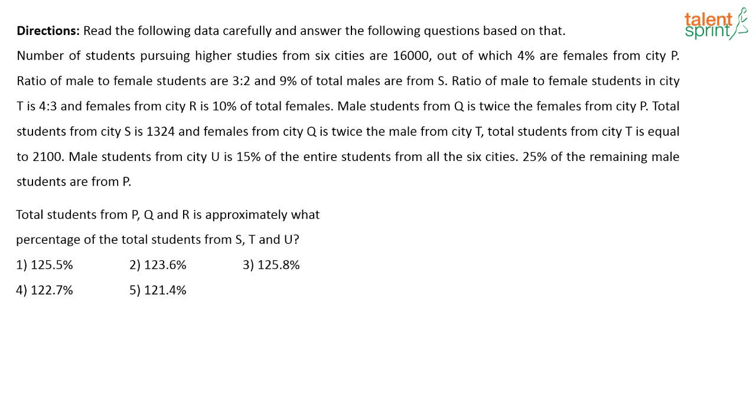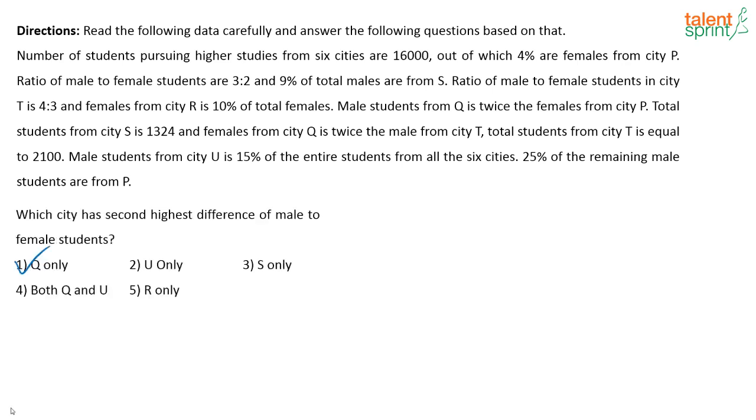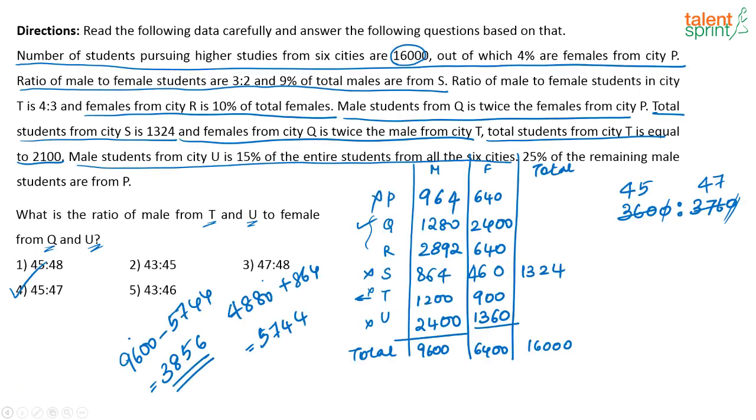Total students from P, Q and R is approximately what percentage of the total students from S, T and U? So here you have to find the total students from P, Q and R. Let us just go back to the table. What is the total students from P? Total students from P is 1604.